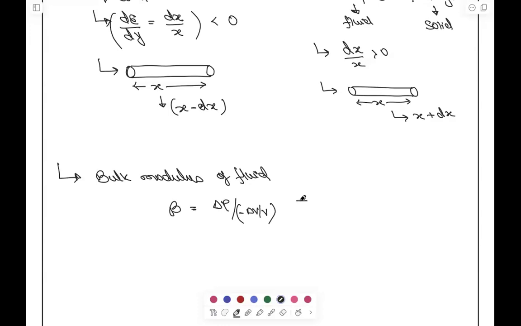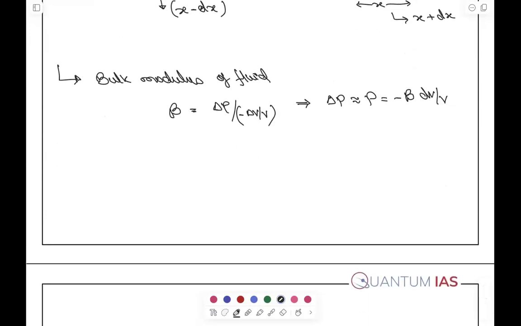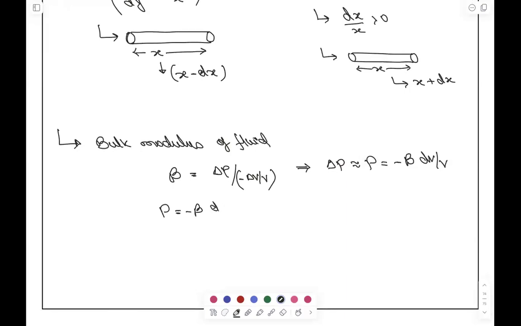And let us take delta P as P, so I can write it as minus B dV by V. Minus B dV by V, I can write it as minus B dε by dy. What did we write? dε by dy, del epsilon by del y.